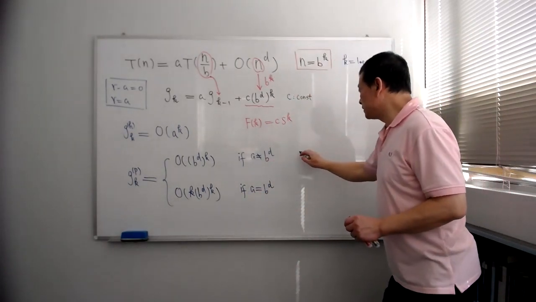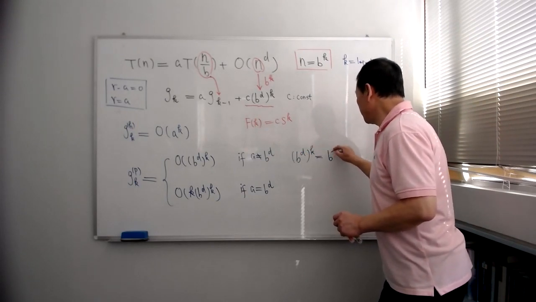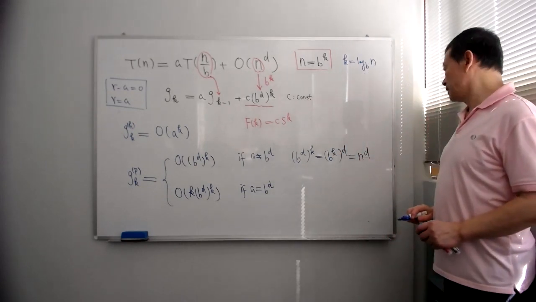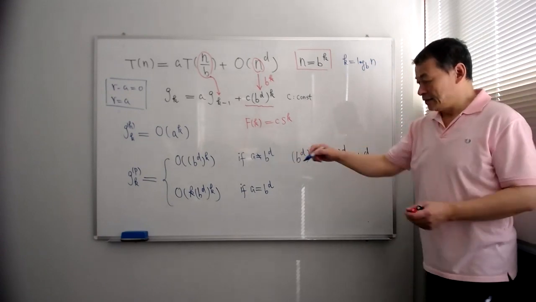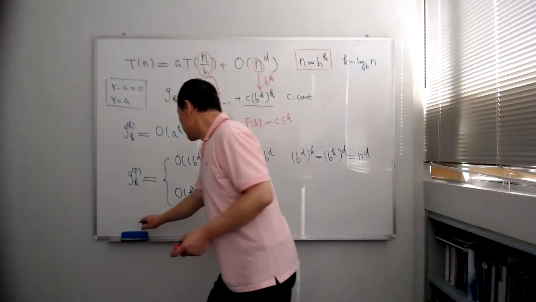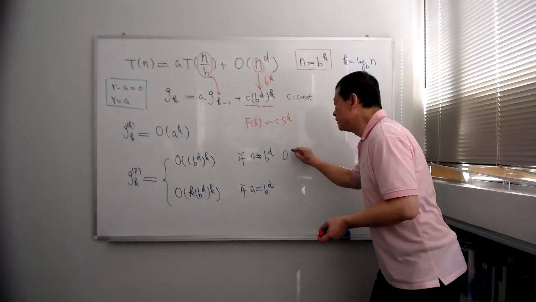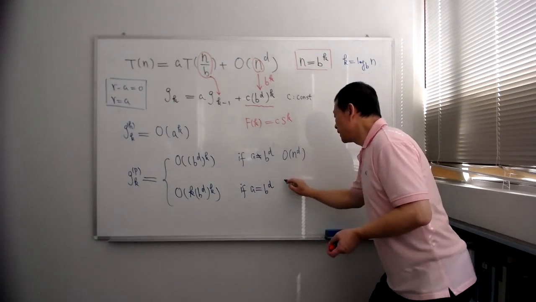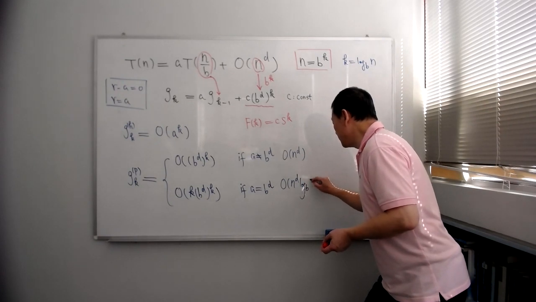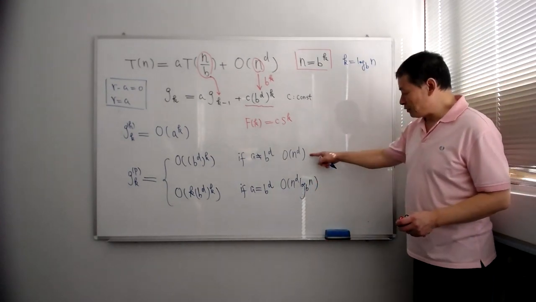This part is easier: b to the power d, to the power k, equals b to the power k, to the power d, which is n to the power d exactly. So this gives us order n to the power d, and order n to the power d times k, which becomes log n. So for these two situations, we have the solution here.